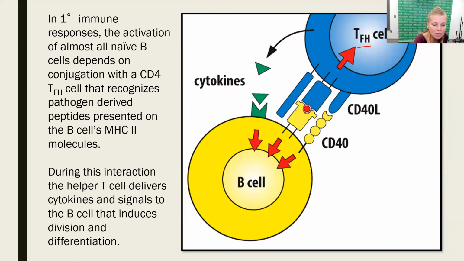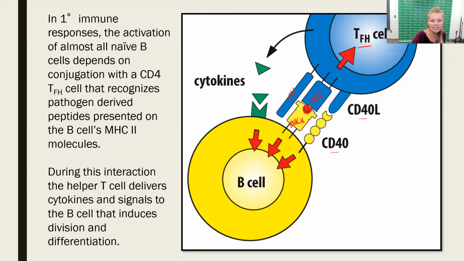And it is this interaction, multi-stepped, right? We have antigen being recognized in conjunction with MHC class 2 molecules. We have CD4 recognizing, here's our T cell receptor. And then we have also CD40 ligand on the T cell binding to the CD40 receptor on the B cell.